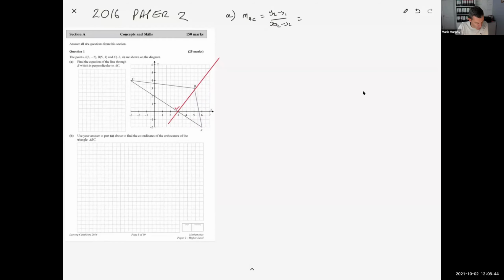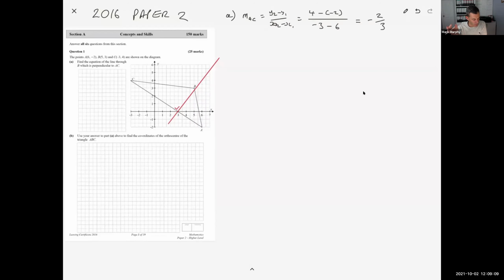We're looking at A and C, so it's 4 minus (-2) all over -3 minus 6, x2 and x1. So that works out at -2 over 3.